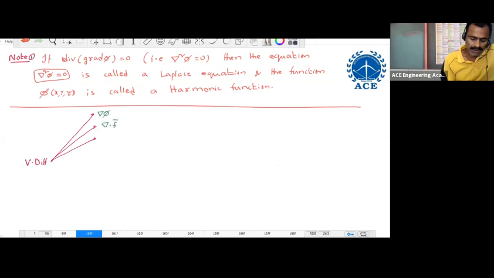Next, del cross f bar, this is curl. Next, del phi suffix p dot a bar by modulus of a bar, this is the directional derivative.